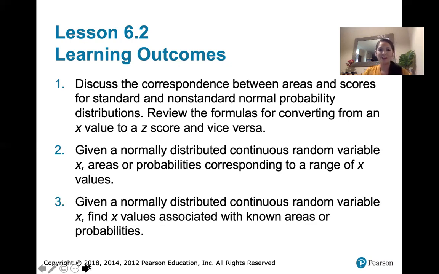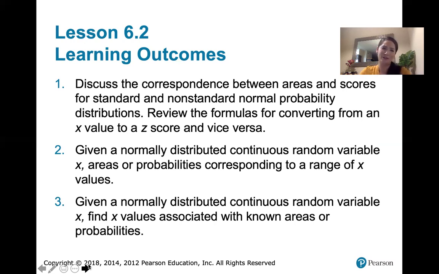In the third learning outcome, we're going to do that the other way around. We're going to find X values or a range of X values associated with known areas or probabilities. So in 2, we have a range of values and we want areas and probabilities. In learning outcome number 3, we want a range of values and we're given areas and probabilities.